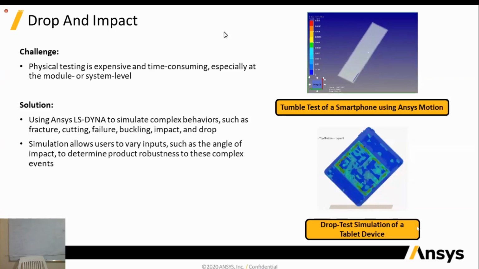In Ansys, we have Ansys LS-DYNA, which is one of the most powerful explicit solvers that can easily handle all these types of behaviors like delamination, fracture, failure, failing of a contact. All these aspects that happen in a drop test can be easily simulated using Ansys LS-DYNA.